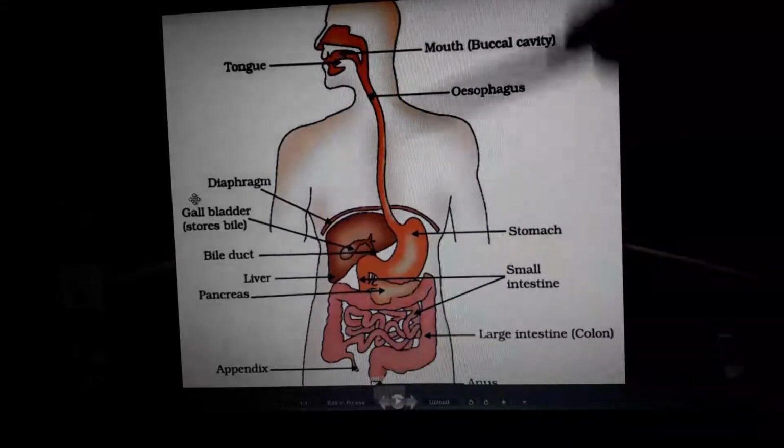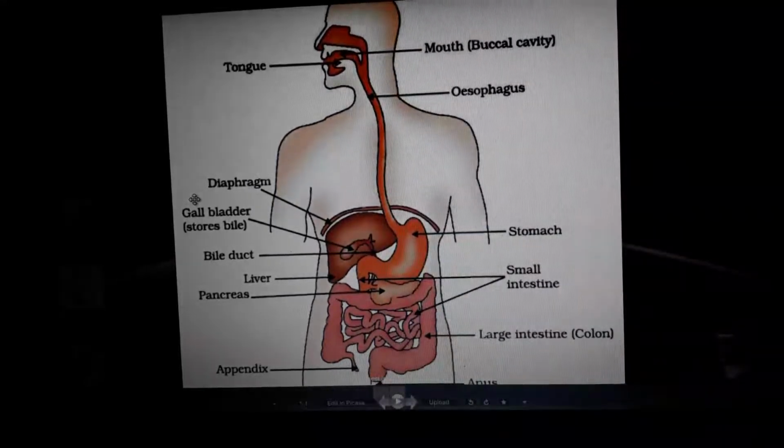So this system is called our alimentary canal system, or we can also call it what? Yes, the human digestive system. Understand? And this is a very important diagram. It will be asked in exams. It's one such diagram which is very important for the examination.